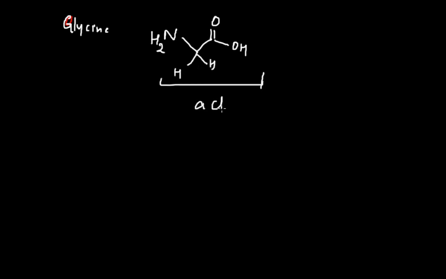The amino acids have an important structural feature in common, with the exception of glycine, whose structure, as we saw, is this one. This is achiral. Chirality is also called handedness.